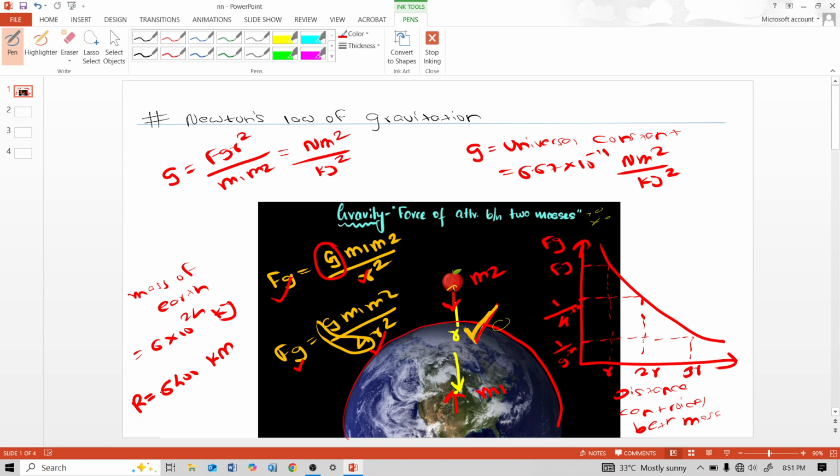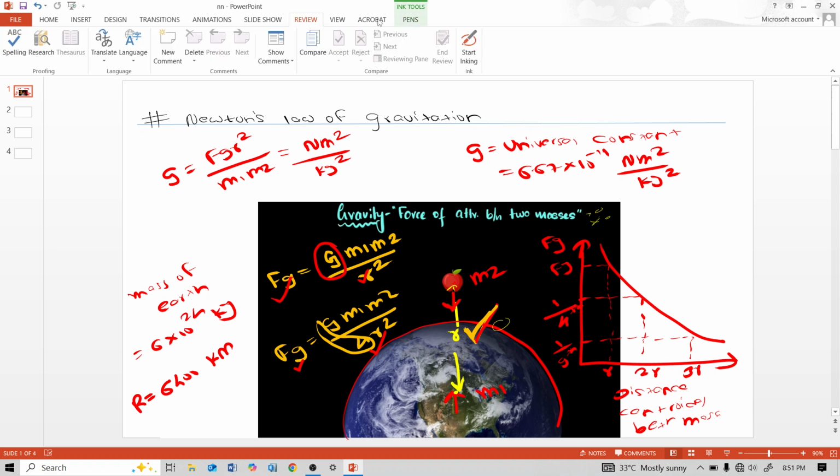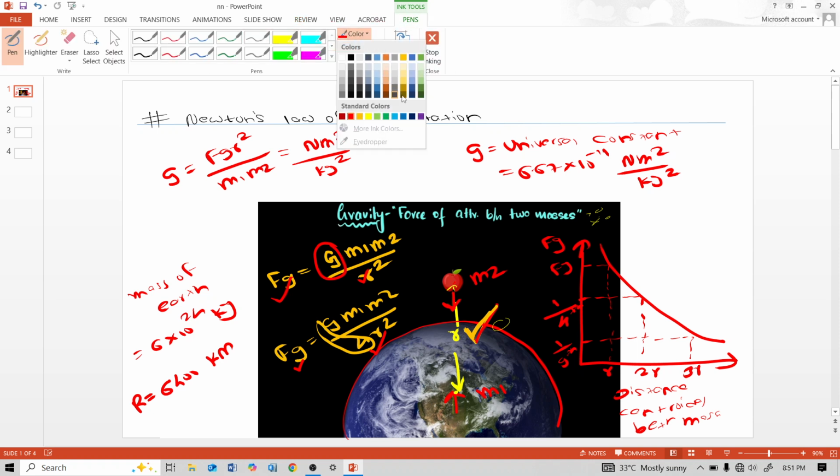Okay, so see, if your object is very near to the earth, like here, the drawing is not as per scale, but consider that this stone is very near to the earth, and the centroidal distance between this earth and this stone is, let us consider it as some R. But see, this object is very small.